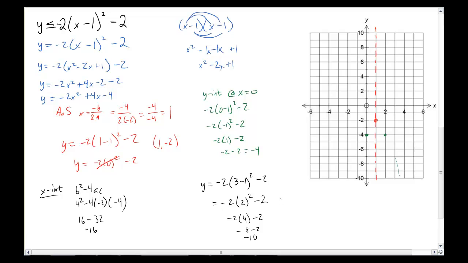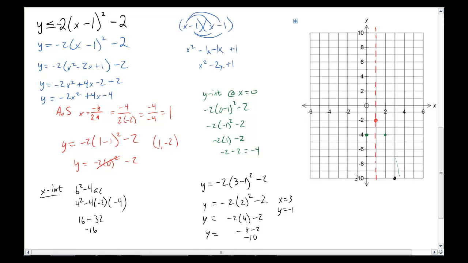So when x was 3, y was equal to negative 10. So I go to (3, -10), I put that point down, reflected, it's 2 spaces away, so reflected on the other side. Now I can draw my graph.